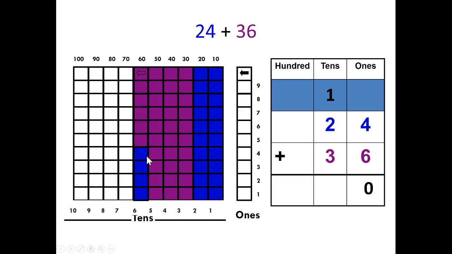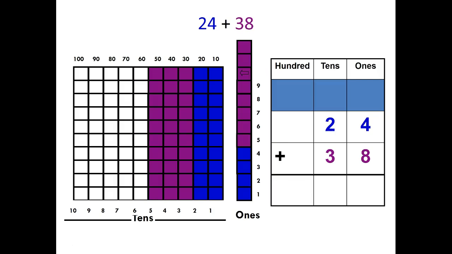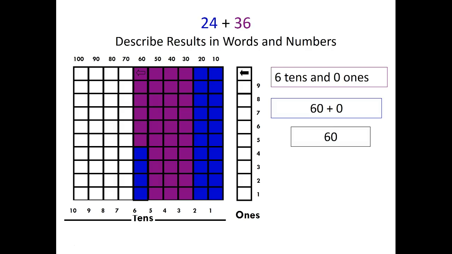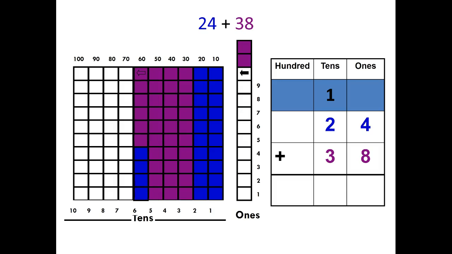So now we add 1 plus 2 plus 3 to equal 6, or 60. So our answer is now 60, which is 6 10s and 0 1s, 60 plus 0, which is 60. Now what if we have 24 plus 38, and now we have some leftover units.